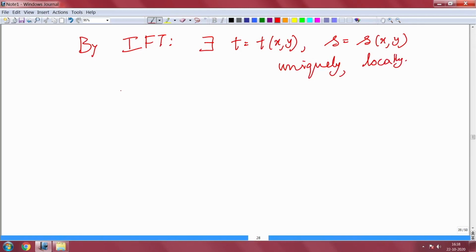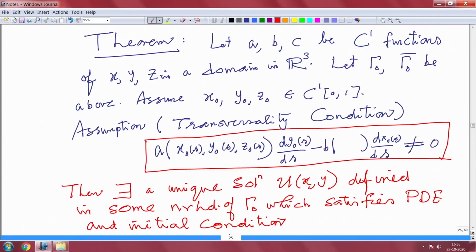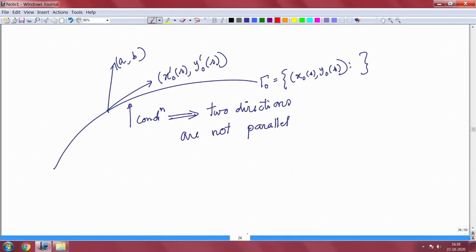Then you can compute your u(x,y), given x, y, you have done this here, you have that.